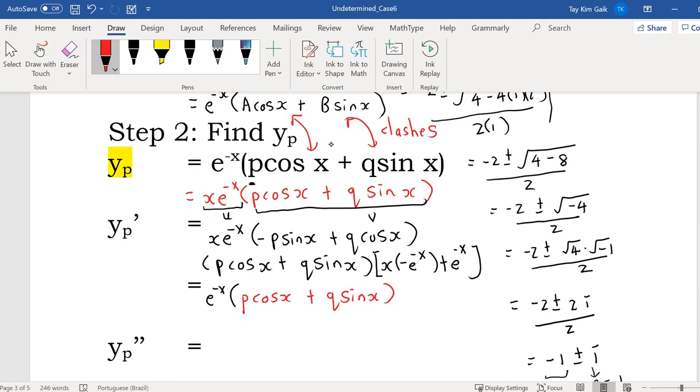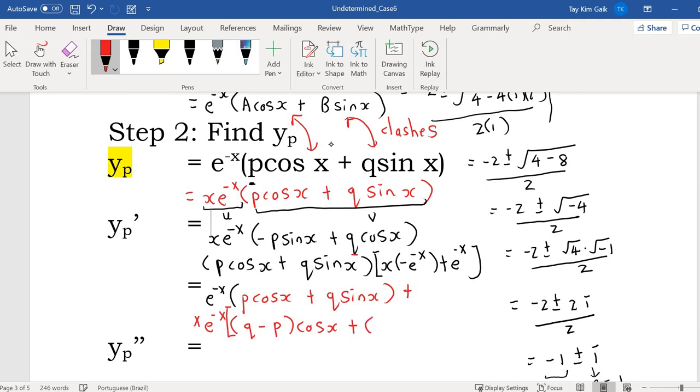And then I'm going to collect the terms x multiplied by e^(-x). I collect the cos first. Cos, I got q minus p. Yeah, q minus p, this one for cos x. The cos term is q, and then this is x e^(-x) times p, so negative p.